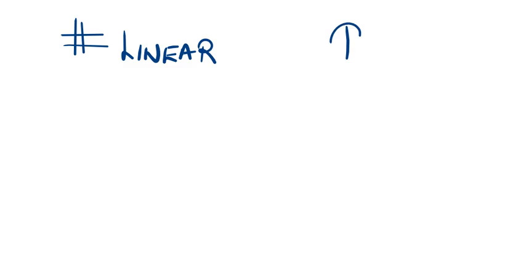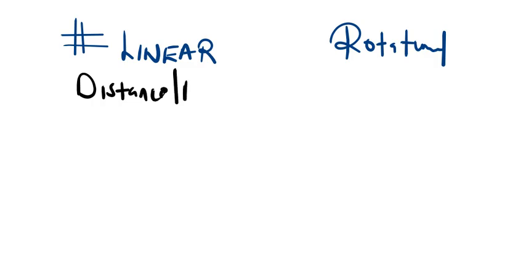Now, what are some of the basics that you're supposed to understand? Rotational motion or circular motion is the movement of an object around a circular path, okay? In linear motion, which we're very familiar with, we talked about distance or displacement.